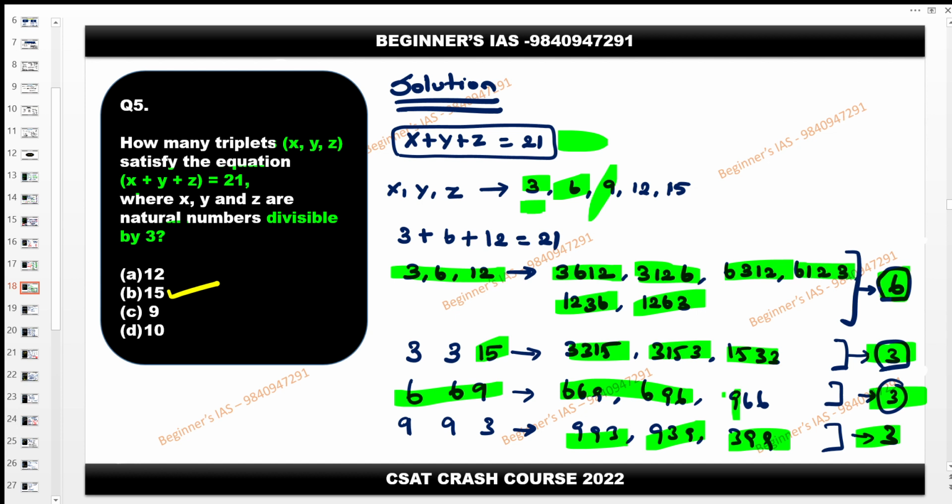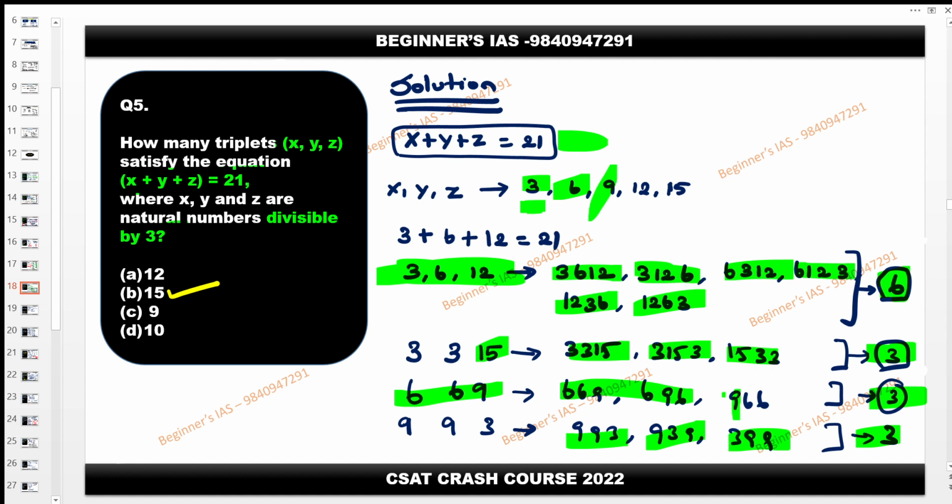Listen, you can say that we can go with 12. Why not? Yes, you can go with 12. With 12, obviously what will you take? 12, 6 and 3, sir. That set is there automatically. Understood?